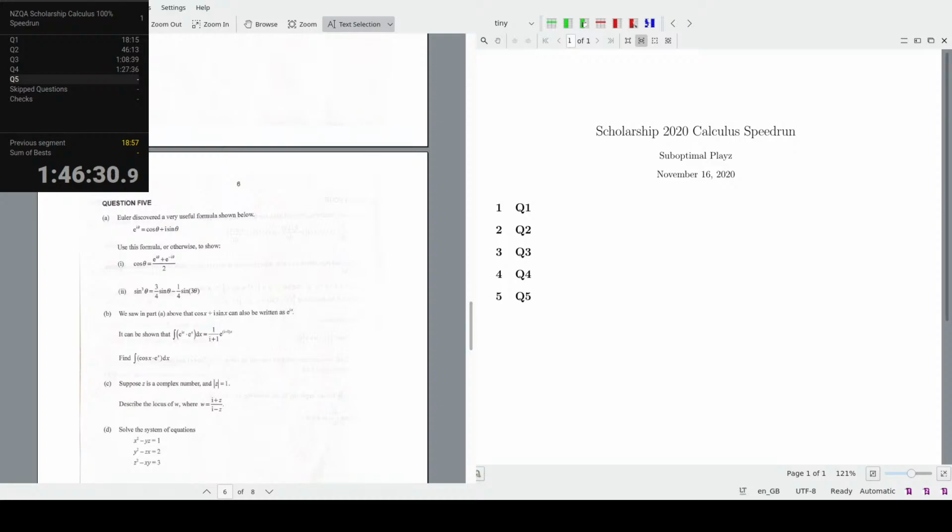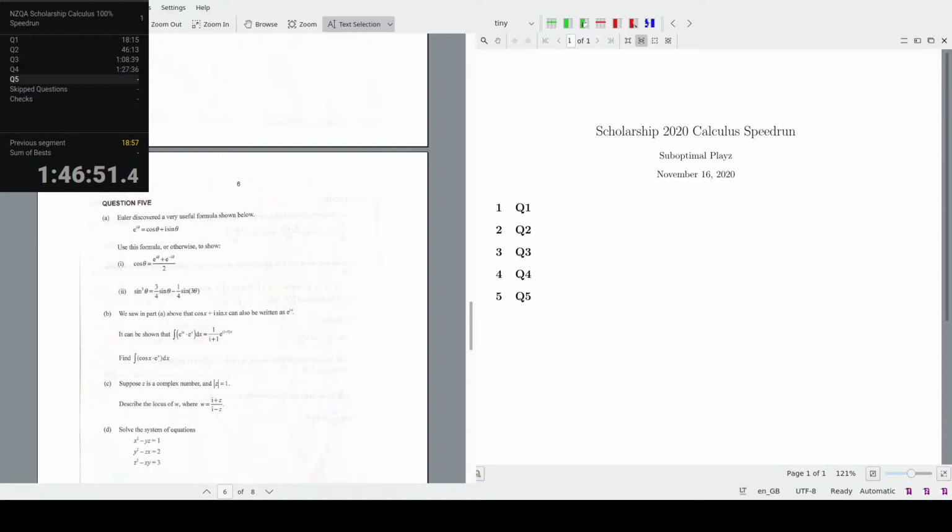I don't understand. Let's try some random points. Alright, what if z is 0? Wait, no, 0 doesn't work.